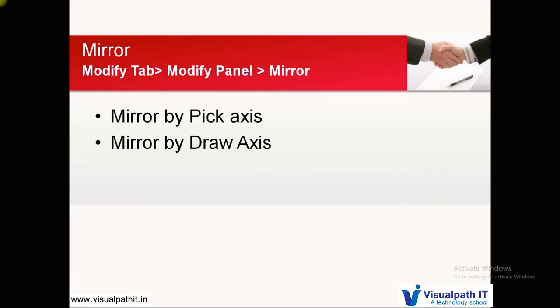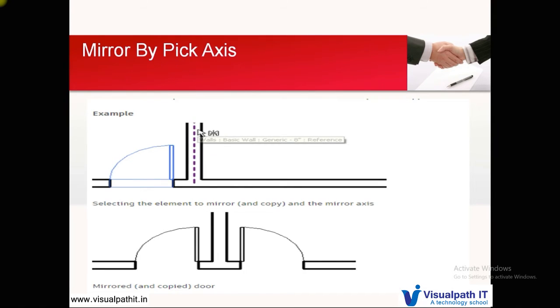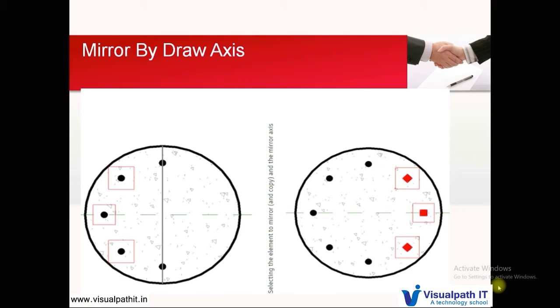Mirror by pick axis is when you have a ready-made axis, an element already there, you can pick that element as the axis and the object gets mirrored from the left to the right. So a copied door, any element can be mirrored in this way. When you have already an element, you can pick that element as a mirror axis. That is pick axis. Then you have the draw axis.